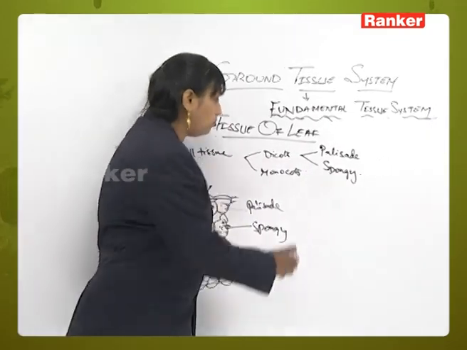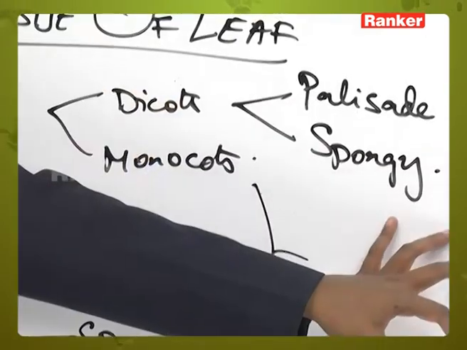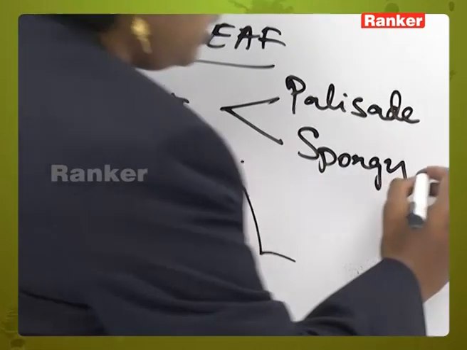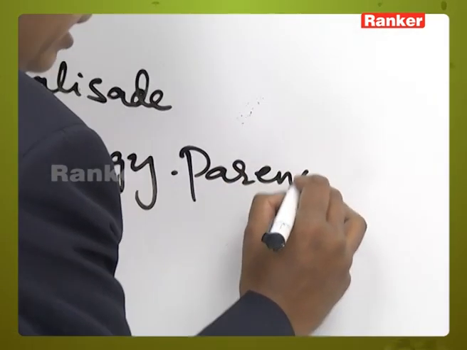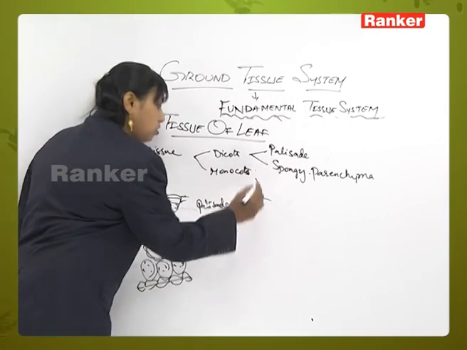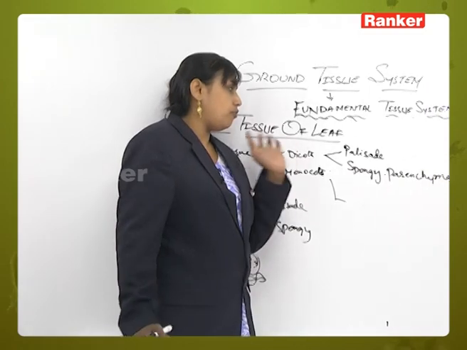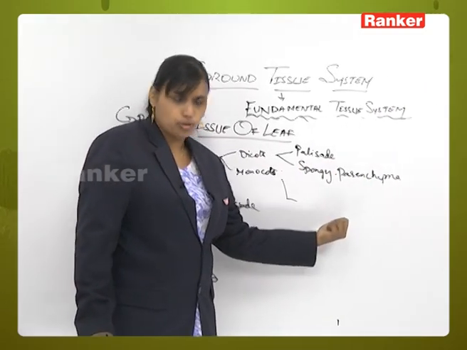Now, this was about dicots, where palisade and spongy parenchyma are present. Palisade tissue and spongy tissue are made up of parenchyma, called spongy parenchyma. When we talk about monocots, we will not see differentiation of mesophyll tissue into palisade and spongy tissue.